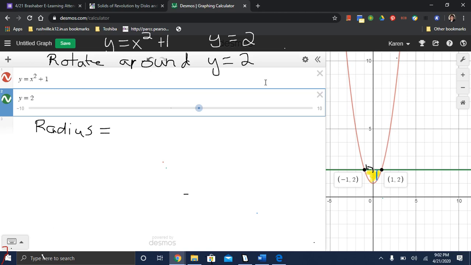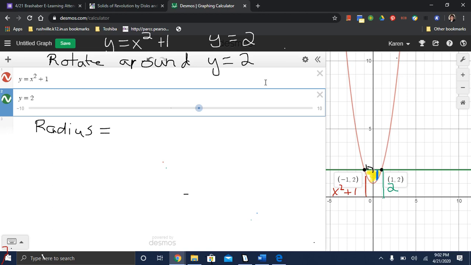And I've drawn the radius line that we're going to need to define in blue. So we're going to look, first of all, at going from the x-axis up to our line, the horizontal boundary, and that would have a distance of 2. And then looking at going from the x-axis up to the function, and that's going to have a value of whatever the function is, so x squared plus 1.